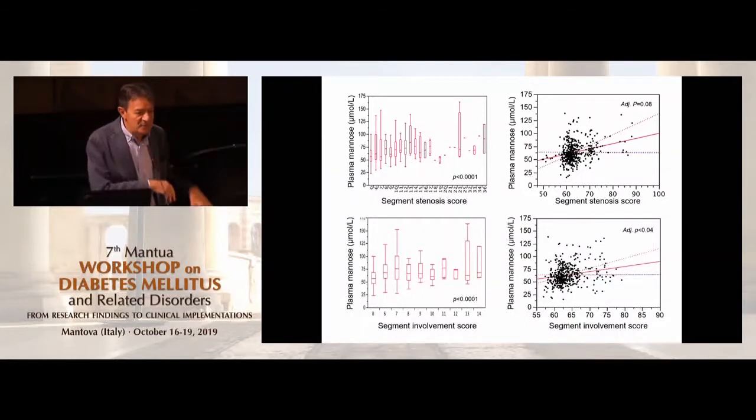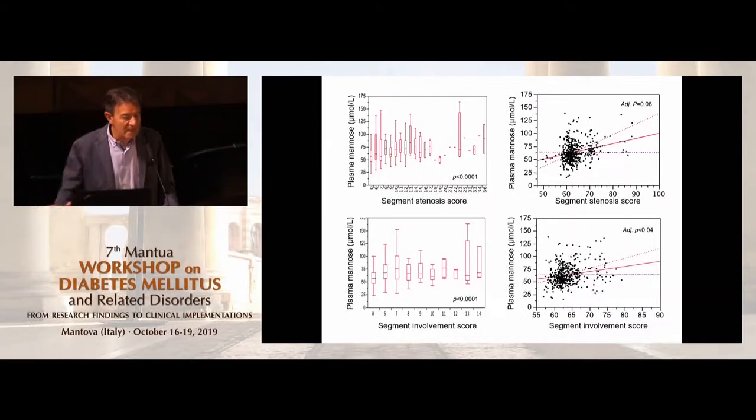Now, this is very preliminary, needs to be cleaned up and confirmed, but at least it suggests that this is a circulating, measurable, quantifiable biomarker of not only clinical cardiovascular events, but even the presence, the extent, and the quality of the plaques, the atherosclerosis in the heart.